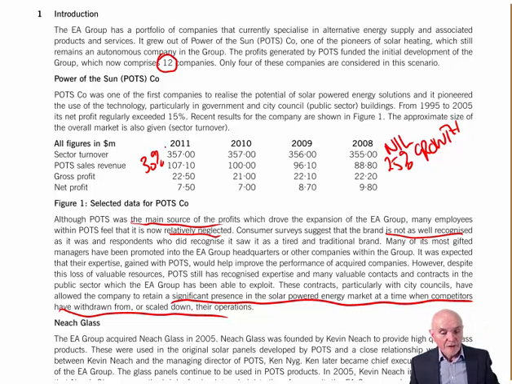Our gross profit percentage, well, it's about 25% again at the start. And in 2011, 357, I beg your pardon, 22.5 divided by 107, it's about 21%.